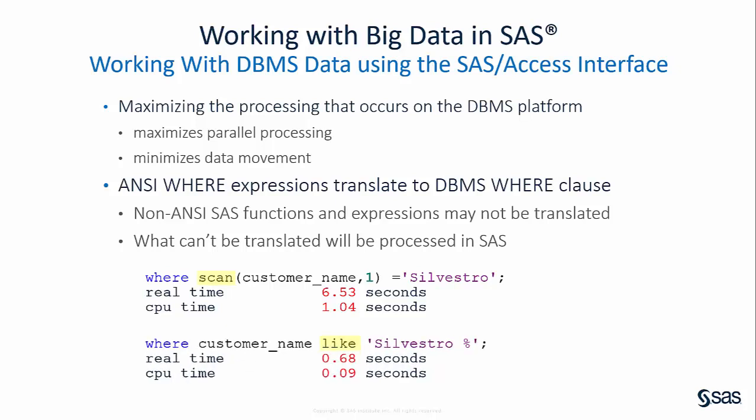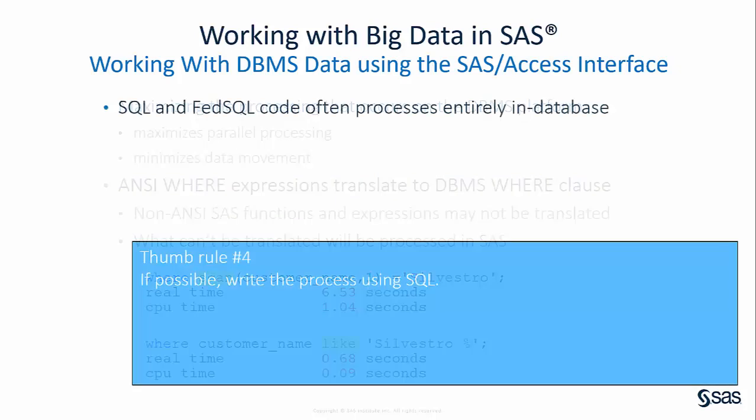Rewriting that with an ANSI expression, the like operator, we can say like Silvestro, so it begins with Silvestro, but it can have as much information following as we like. That converts straight into SQL, and you can see that the real time again reduced by an entire order of magnitude, as that was all handled in parallel on the database hardware.